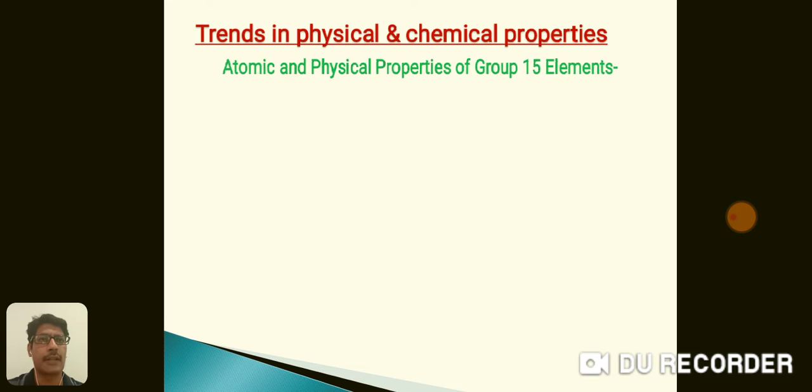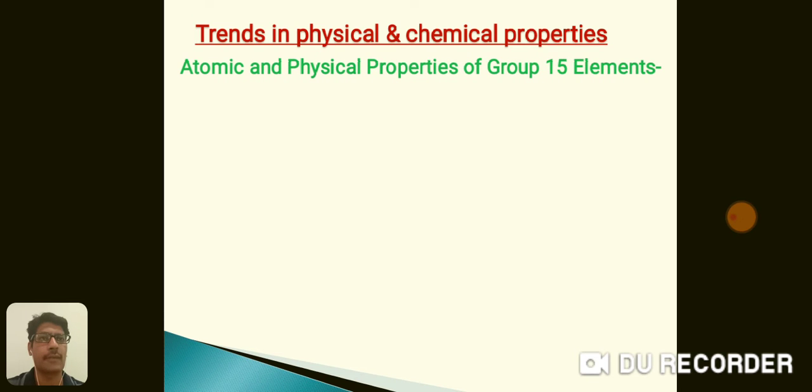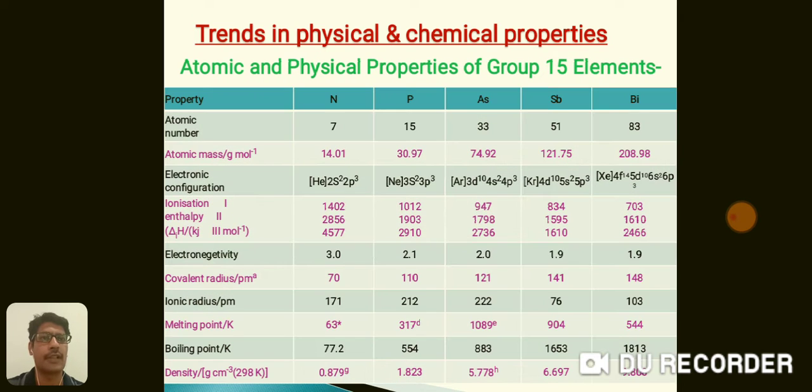Trends in physical and chemical properties. Atomic and physical properties of the group 15 elements. This is the table which shows the different physical properties, that is atomic number, atomic masses, electronic configuration, ionization enthalpies, that is first, second and third, then electronegativity, covalent radii, ionic radii, melting and boiling points and density.